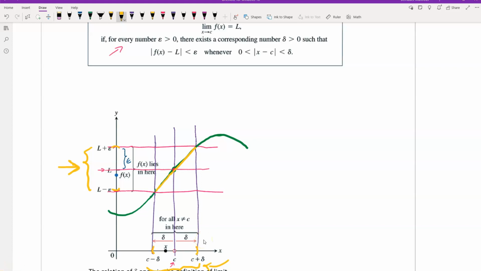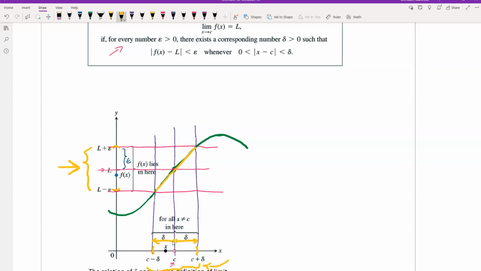So delta is the distance between c and these points. In this case our interval is c minus delta, c plus delta. So delta is what we have starting from the center, moving to the left, and the same thing starting from the center, moving to the right.